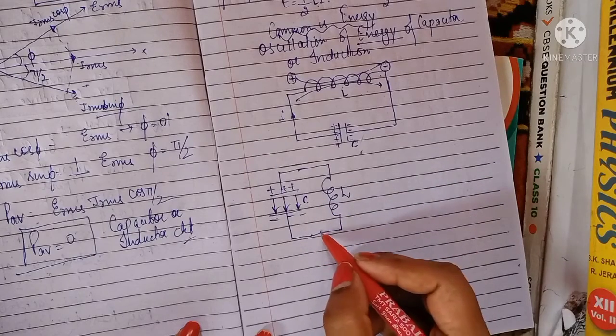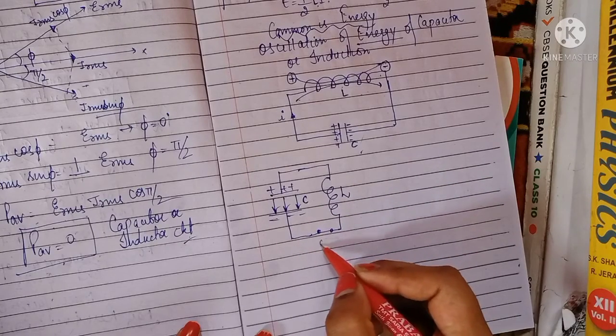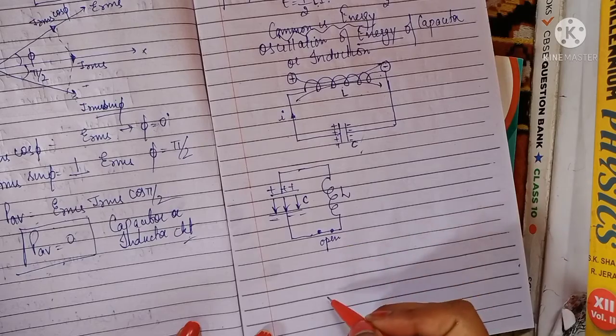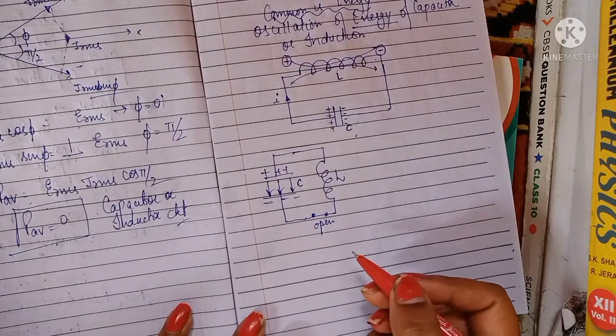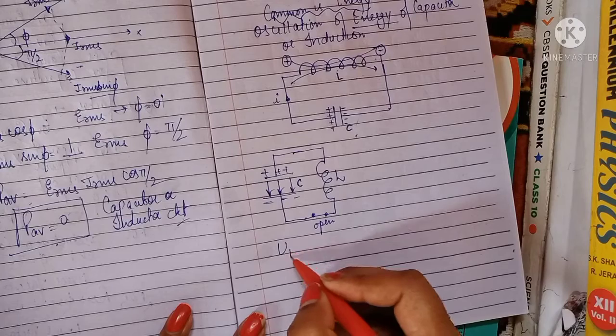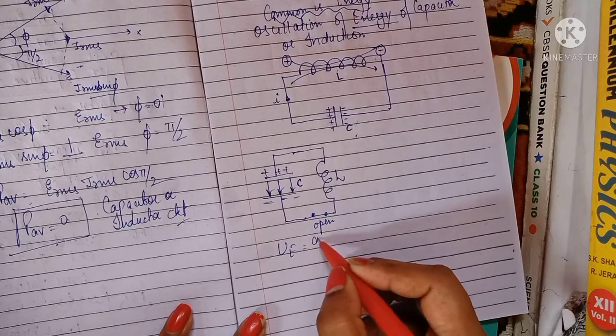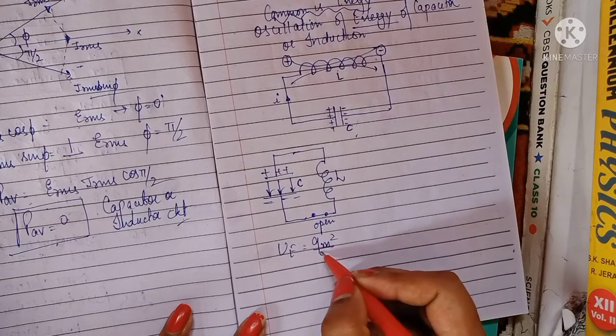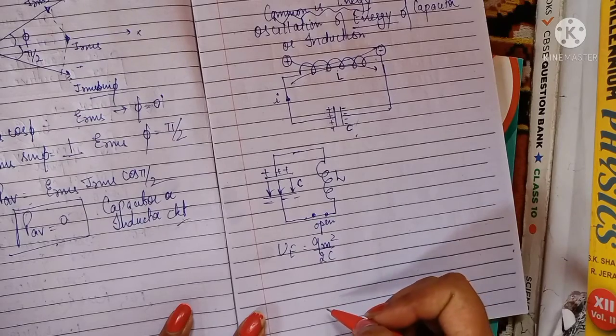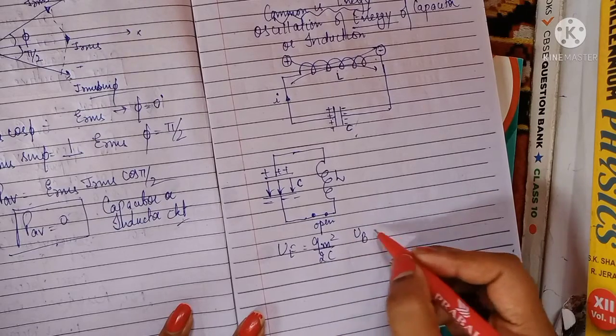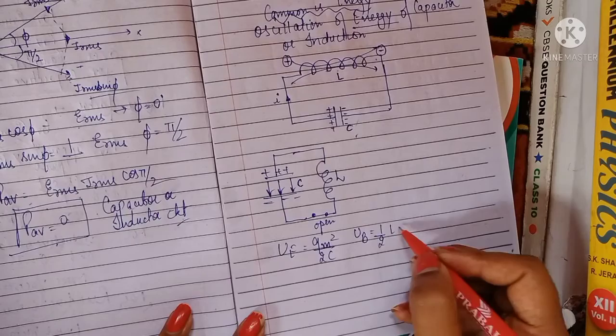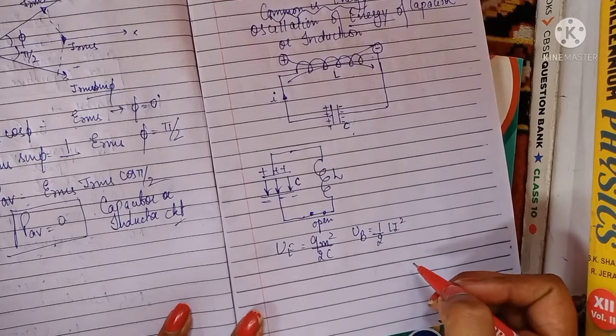Now the key is not closed, the key is open here. As the key is open, the energy of the capacitor is given by qm square upon 2C. This is another form of the energy, whereas the inductor energy is given by half Li square.